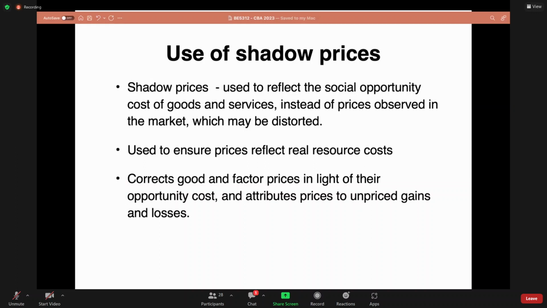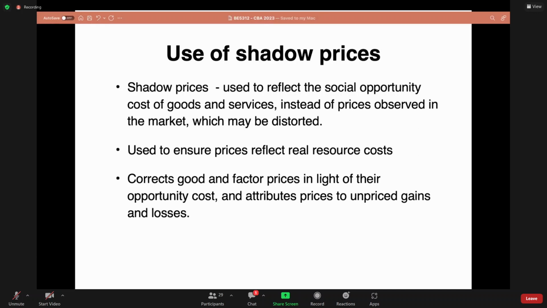So we convert these financial prices into shadow prices to take into consideration those social aspects. Shadow prices reflect the social opportunity costs of goods and services instead of the price you observe in the market, which may be distorted. By converting, we make sure the prices reflect the actual real cost of the resources, not just the private costs but also the social costs.